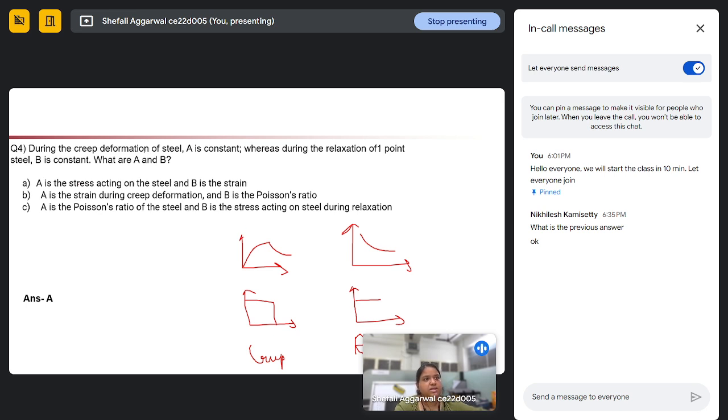So what is being asked here? What is the value which is constant in case of creep, and what is the value which is constant in case of relaxation? We have to find the constant value, so we have to go through these two graphs. You remember what these two graphs were about? The x-axis was always time in all cases.